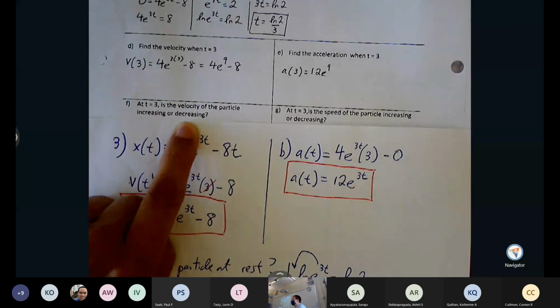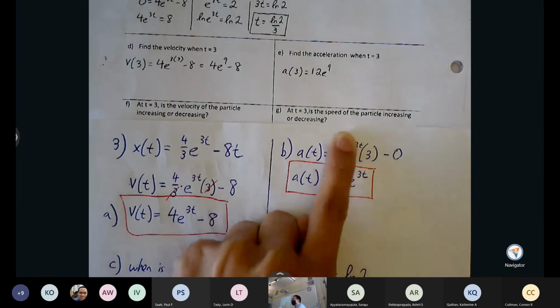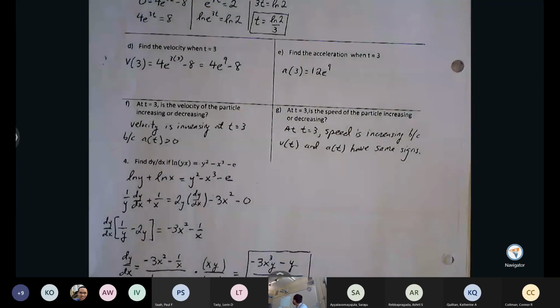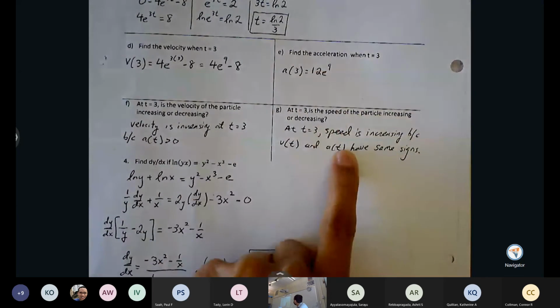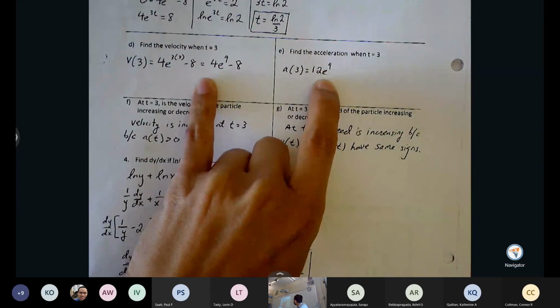How do we determine increasing, decreasing velocity? Where do we look? Just acceleration, right? What about speed of the particle, increase, decrease? Compare signs, yeah. So velocity is increasing because acceleration is positive. Speed is increasing because both velocity and acceleration are the same sign. They're both positive.